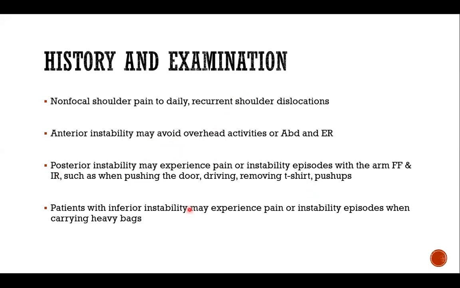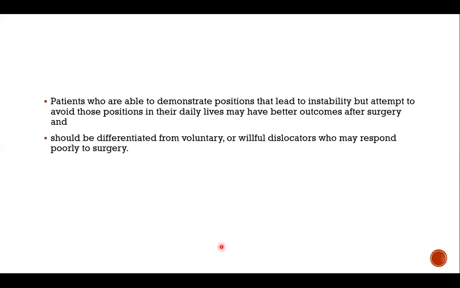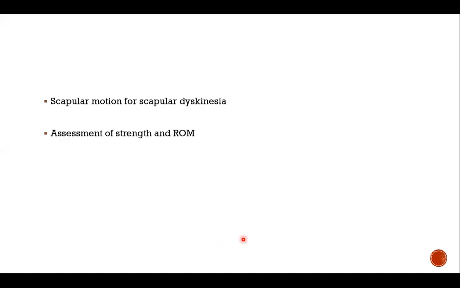Inferior instability is experienced when instability episodes are seen while carrying heavy bags. Patients who demonstrate these positions that lead to instability but attempt to avoid them will have very good outcomes after surgery. This group should be differentiated from voluntary willful dislocators who may respond poorly to surgery.